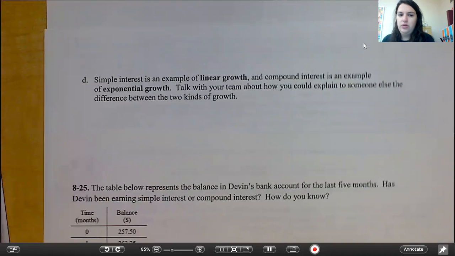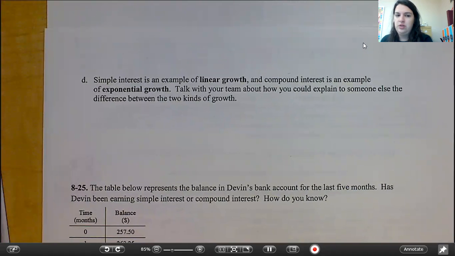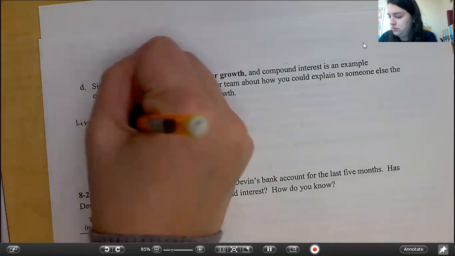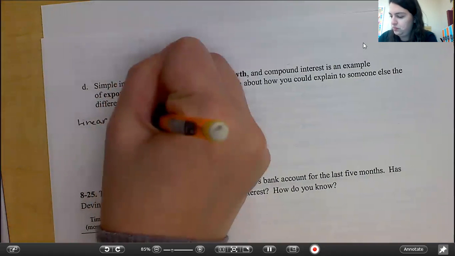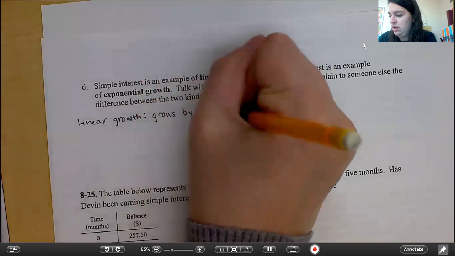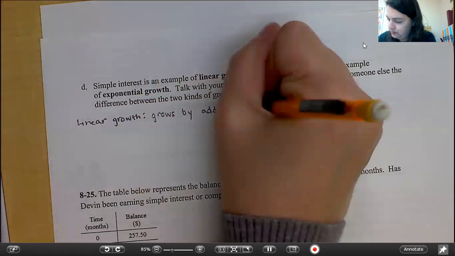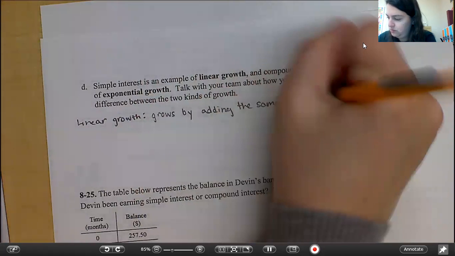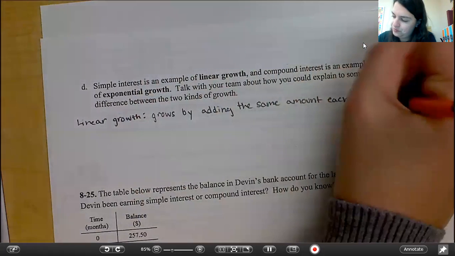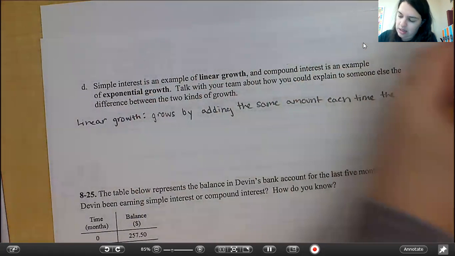So D says, simple interest is an example of linear growth and compound interest is an example of exponential growth. Talk with your team about how you could explain to someone else the difference between the two kinds of growth. So hopefully you've been able to see that linear growth grows by adding the same amount each time the x value increases.